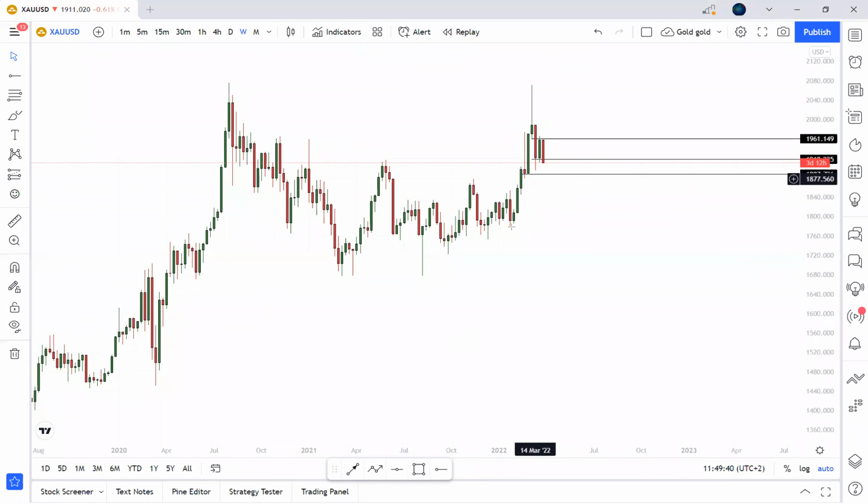Now, if price does close below and reaches the next low that we're expecting, it could go lower than that, because price would have reached at least two supports, and price needs to break two supports or two resistances to change the trend.